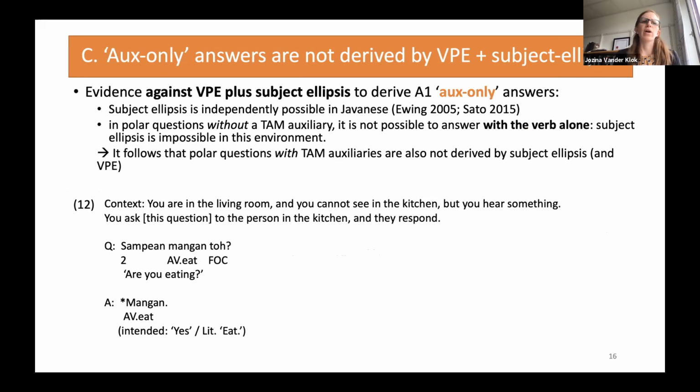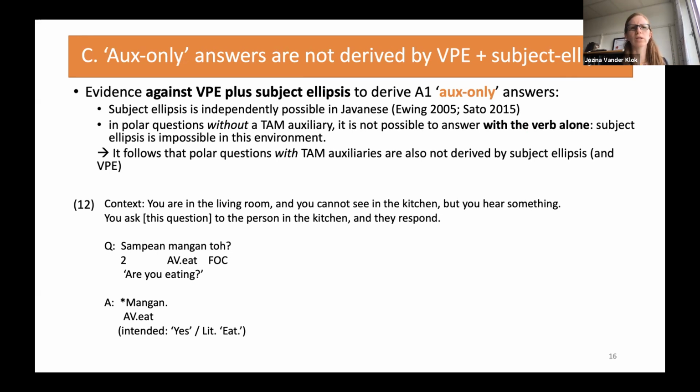A second piece of evidence against VPE plus subject ellipsis focuses on the subject ellipsis part. So we know that subject ellipsis is independently possible in Javanese, and in polar questions without a TAM marker, as in 12, sampean mangan to, are you eating? It's not possible to answer with the verb alone. So it's not possible to simply say mangan.